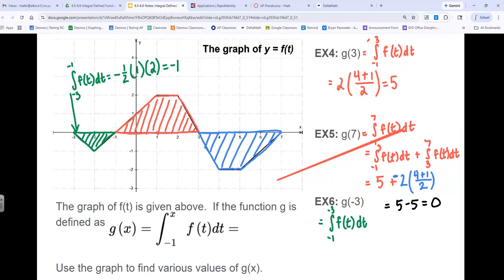So whatever you're doing from the graph, the area being below the graph being negative is assuming you're going from left to right. But do the limits on this one go from left to right? They do not. They're going backwards, right?